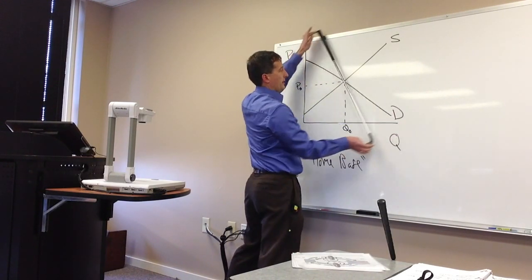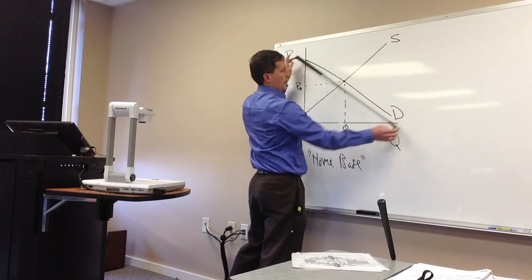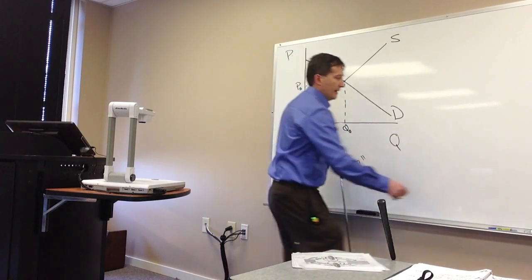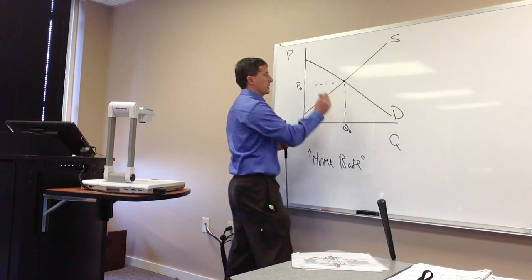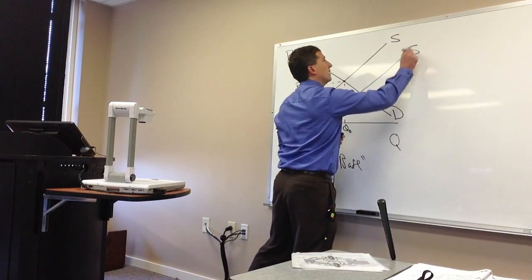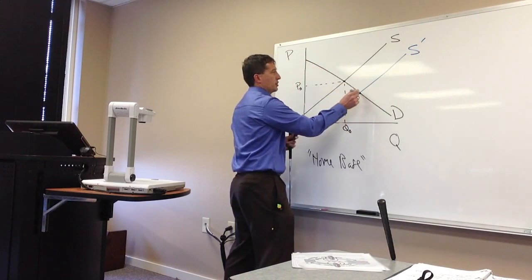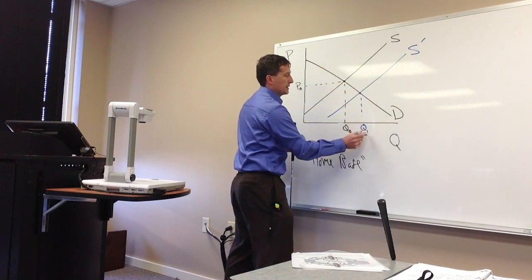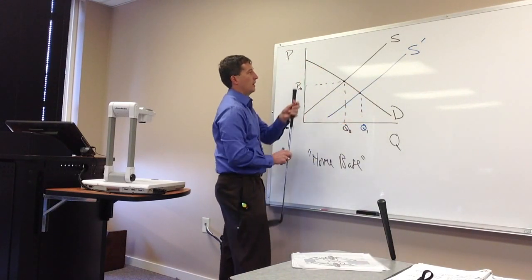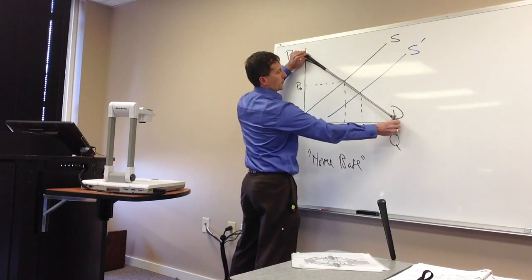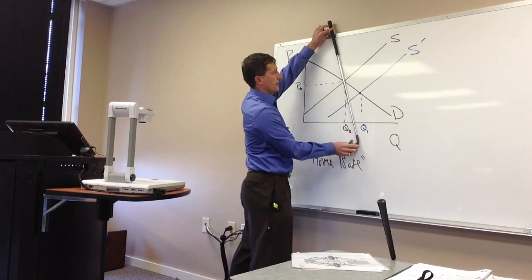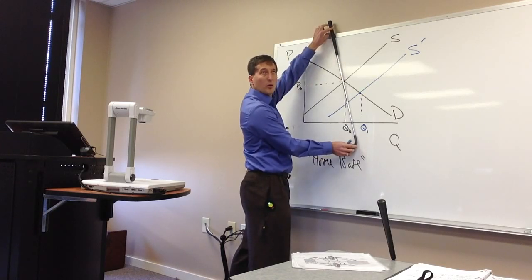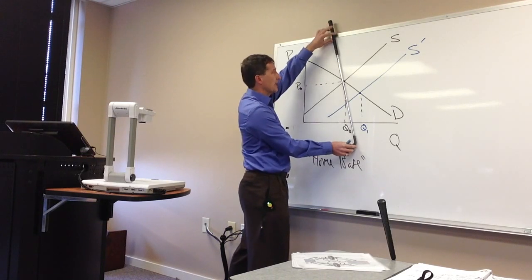So depending on what this looks like, it's going to impact the effect of, let's say, an increase in supply. What is the change in the quantity demanded? Well, if this demand curve is more or less elastic when I draw it like this, less elastic, so more inelastic.